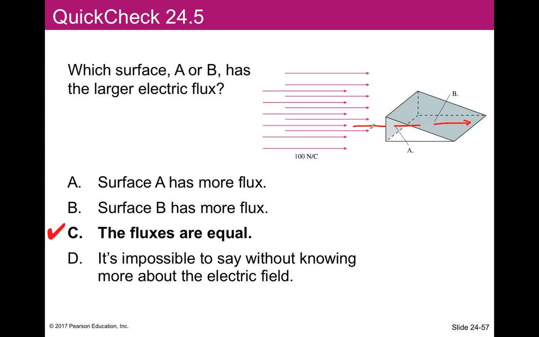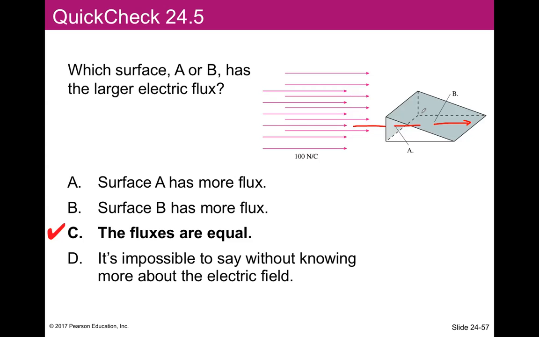So if there's a field line going through B, that field line must have gone through A, because A is perpendicular to the field, and the bottom surface is parallel to the surface. So if we compare A and B, every field line going through A must also go through B. This is the intuitive way of solving this problem. Then you know the flux should be the same.